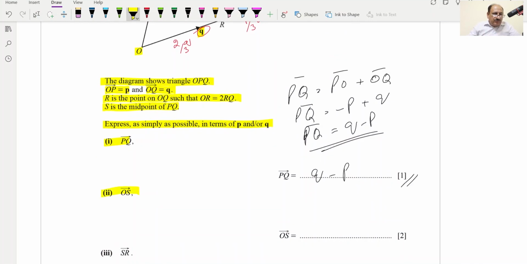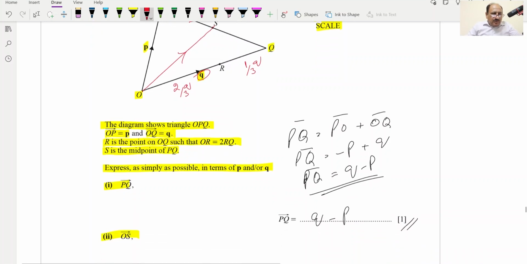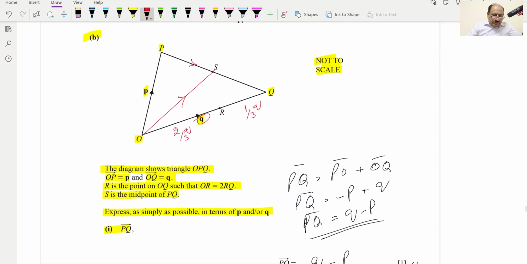And we need to find OS also. So if we draw a vector from O to S, this will be the direction of OS. OS is equal to P plus this one. PS will be what?